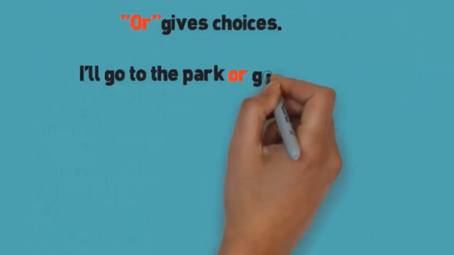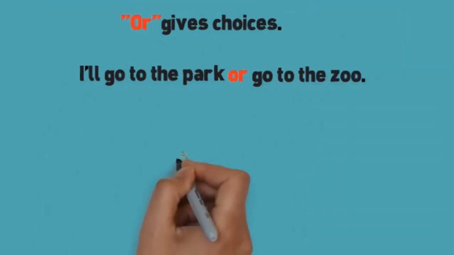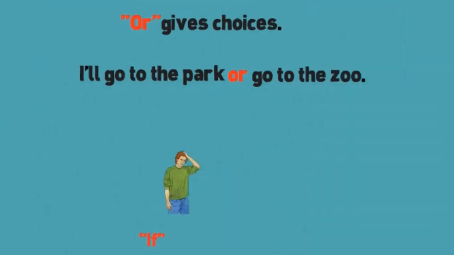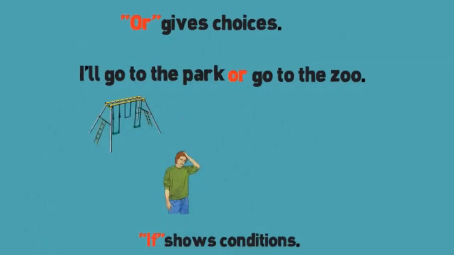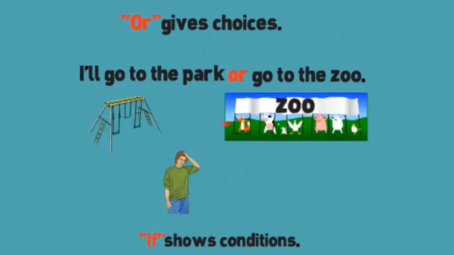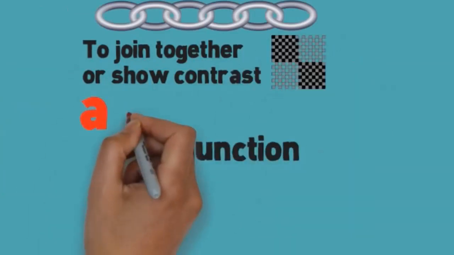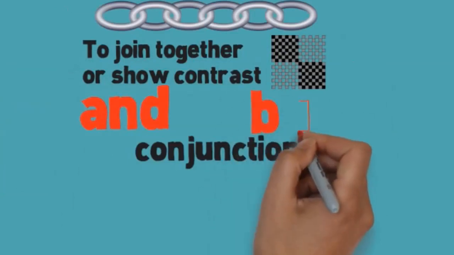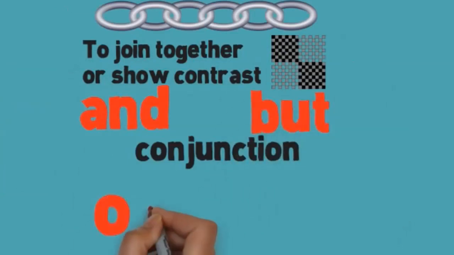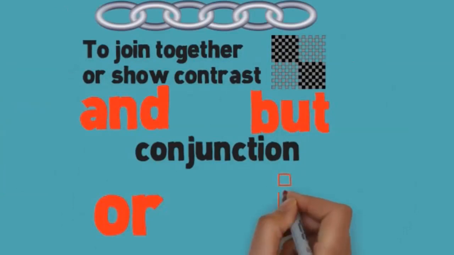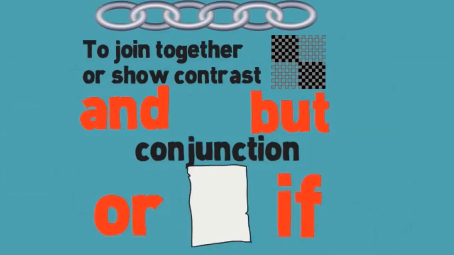What should I do? Go to the park or go to the zoo? If that's conditions, you will see. I'll go to the park if you come with me. To join together or show contrast, using a conjunction is where it's at. Using conjunctions when you write will make your paper dynamite.